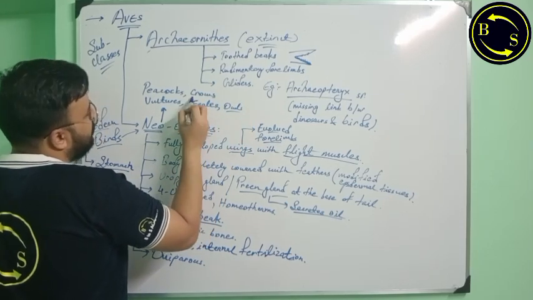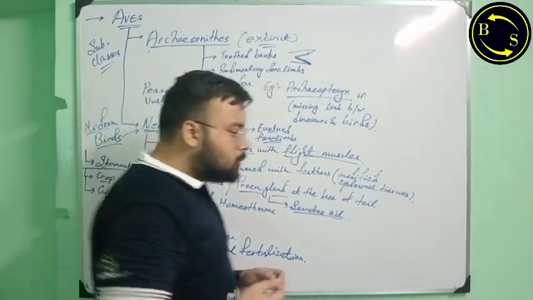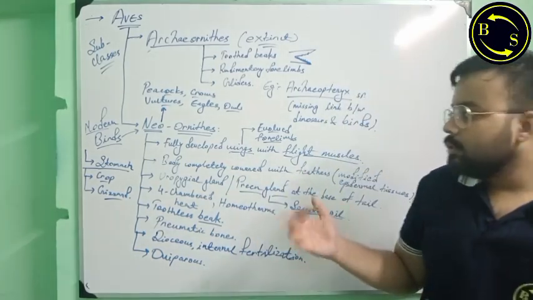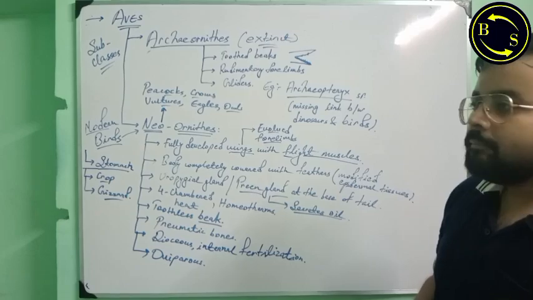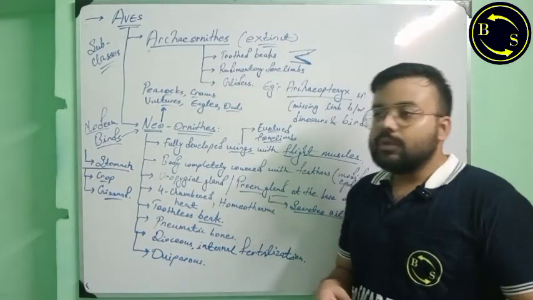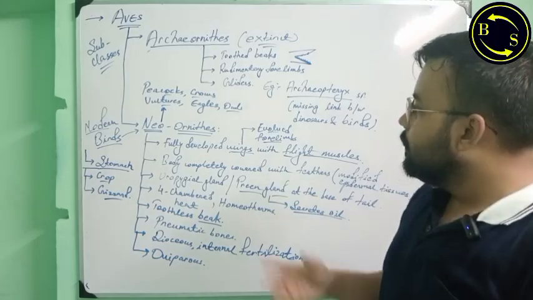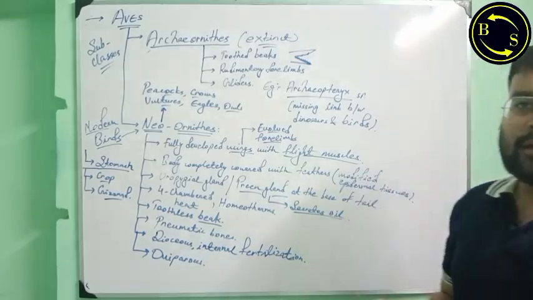Now, neornithes birds can also be classified into flightless birds and birds who can fly. Flightless birds are ostriches, emus, cassowaries, kiwis of New Zealand, and birds with flight are like crows, sparrows, parrots, etc.